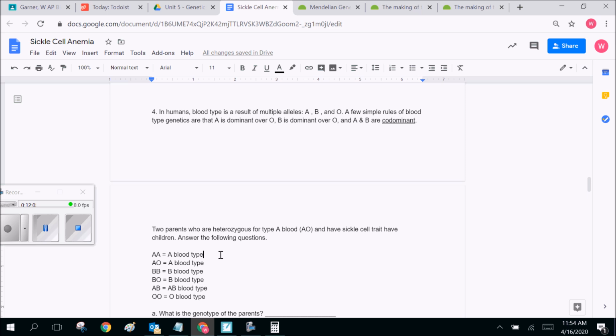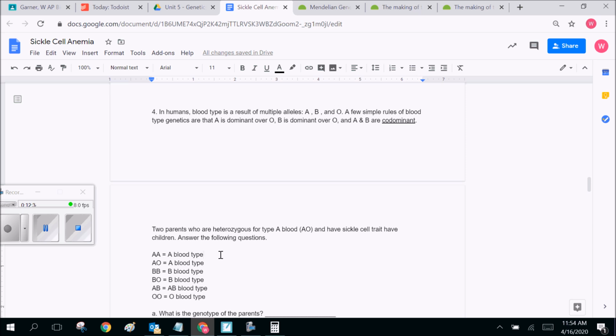Now, O is special because O actually doesn't produce any kind of security tag at all. And normally, in our world, if you don't have a security card, you can't be let into security places. But in our body's security system, if you don't have a security card, you're invisible. So basically, that's why O blood types can donate to any other blood type. It's because their blood is able to sneak through everyone's security without triggering any alarm.